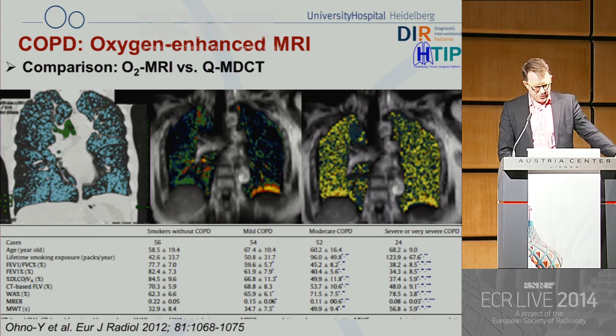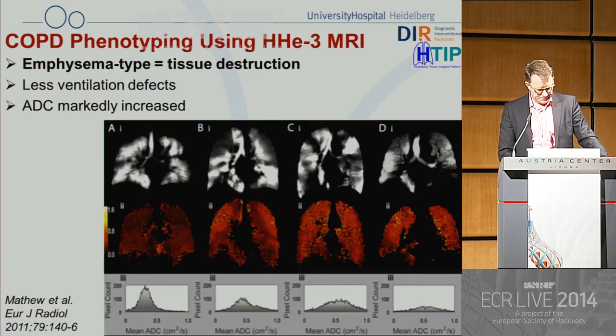And they nicely found that the differences between smokers without COPD, mild and moderate COPD, can be mirrored by MR techniques using oxygen-enhanced MR in comparison to quantitative CT.